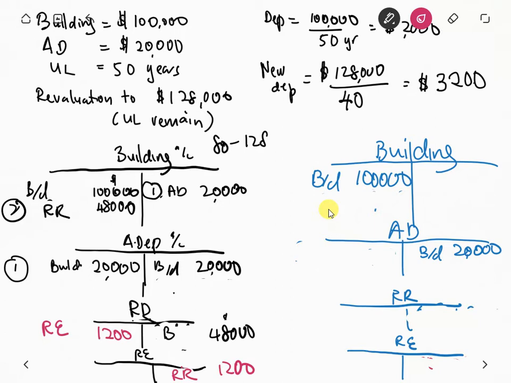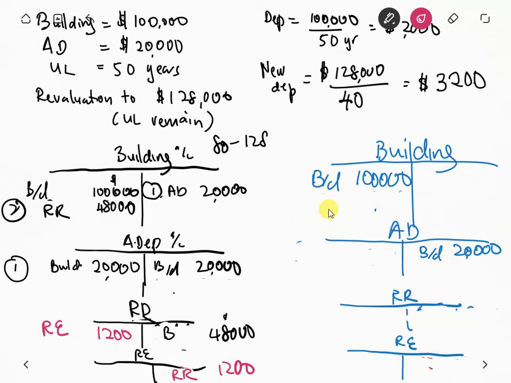So this is called RR become realized through use of the asset. I continue to use, I continue to transfer. Another way to become realized, how to become? It becomes realized when I sell. RR can be realized through sale. It can be realized through use. If I sell, transfer. If I haven't sold, every year transfer.